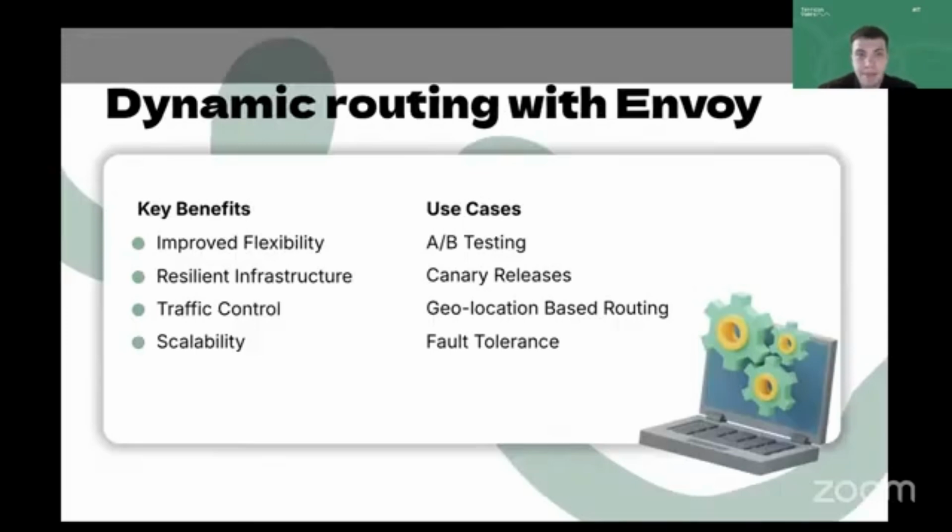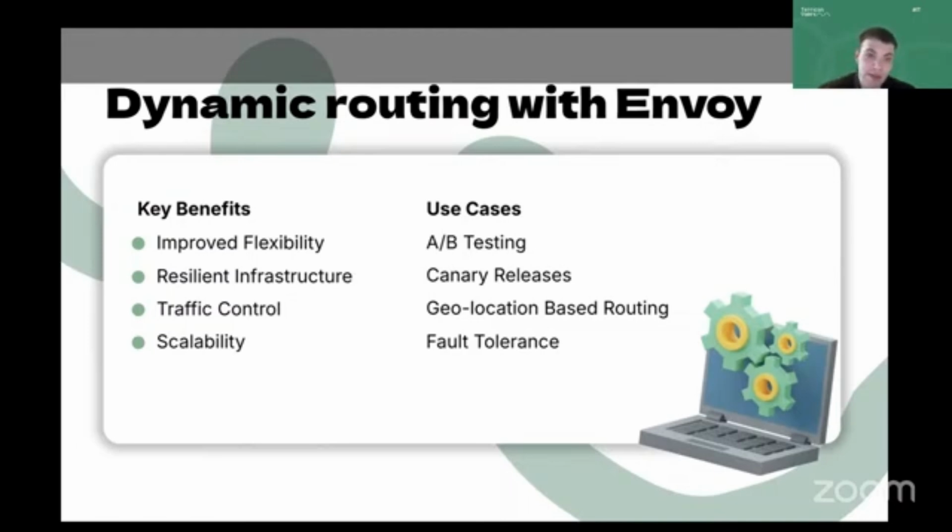Let's look at the key benefits of dynamic routing. The first one is improved flexibility. So we have no need to restart proxies, routing rules can be updated on the fly. The second one is resilient infrastructure. We can automatically reroute traffic in case of service outages or failures.